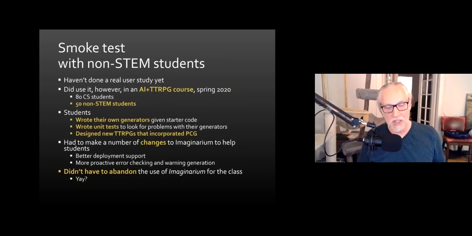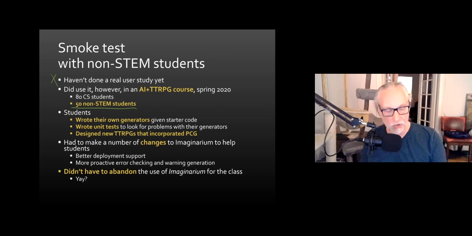As an initial pre-test, we haven't done a full user study yet, but just to see if it was even plausible to use it in a class, we taught a class last spring on AI and tabletop RPGs, and it did have a bunch of students in it who were theater majors, creative writing majors, music majors, and so on.